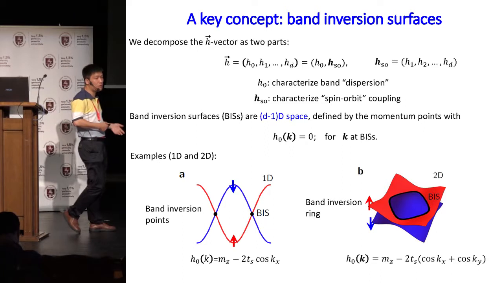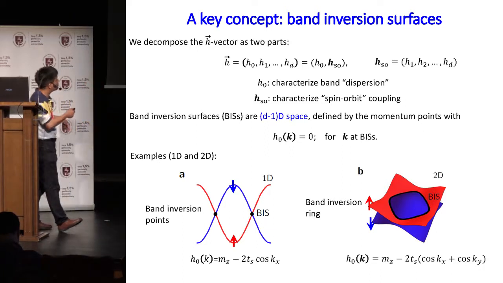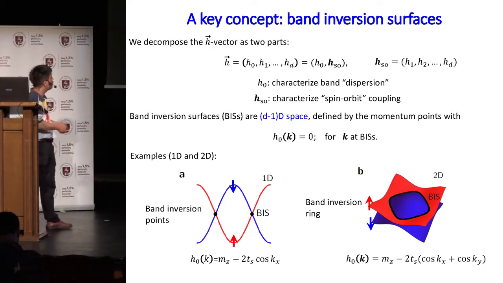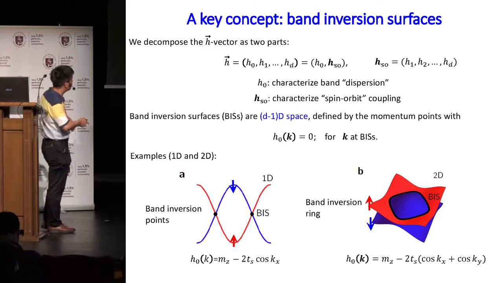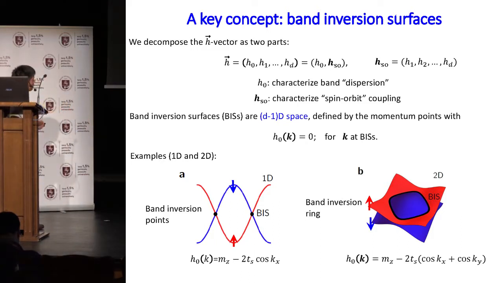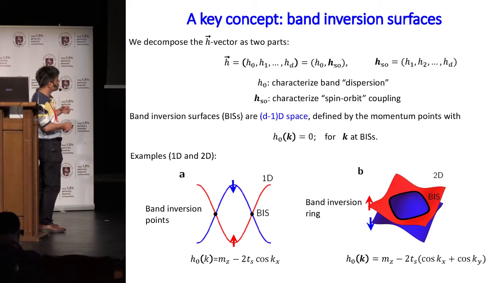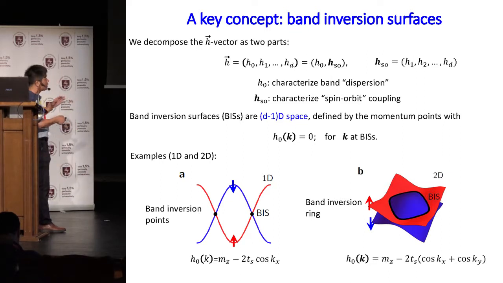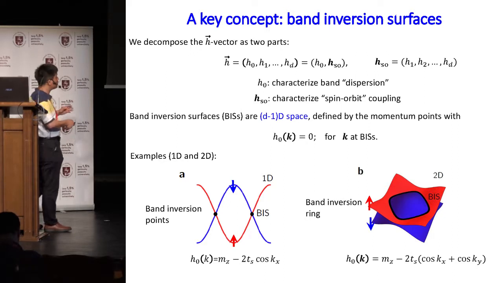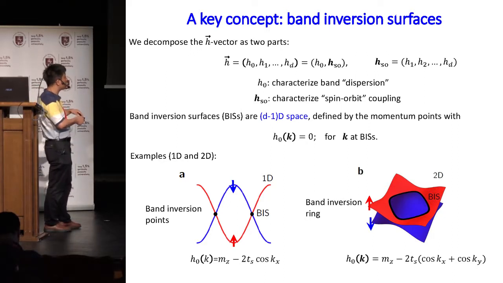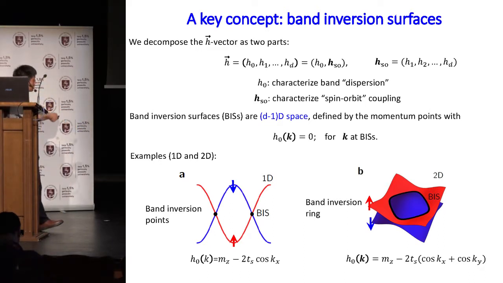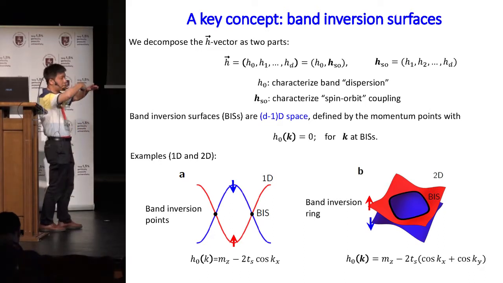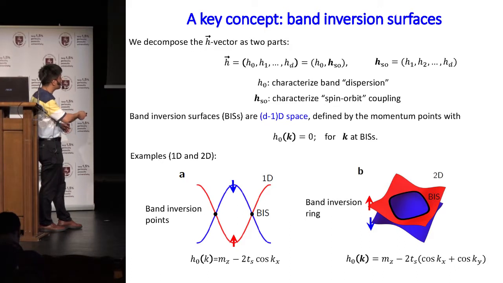Actually, we can have a very simple intuitive understanding of this band inversion surface. For example, for this one-dimensional model, h0 just characterizes the dispersion for the spin-up and spin-down bands. If the magnetization is very large, then the two bands will be far separated, and you don't have band crossing. But if the magnetization is smaller, then the bands come together, and you have crossings between the two bands.